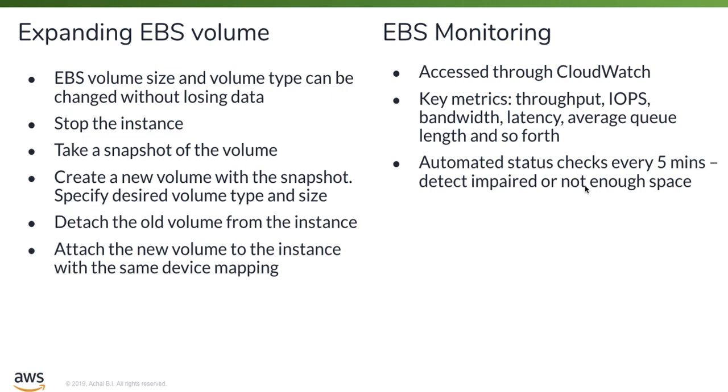This is a good use case when your EBS volume is running out of space. You could trigger an alarm, and you could attach a new EBS volume to your EC2 instance with the help of snapshots.